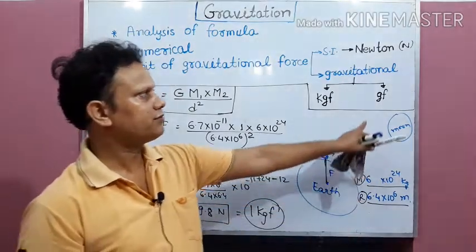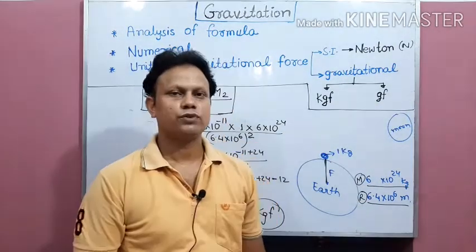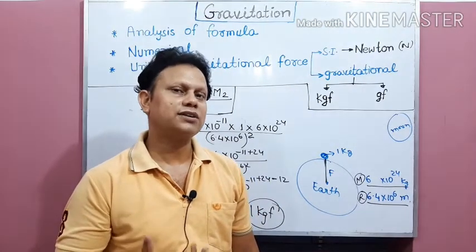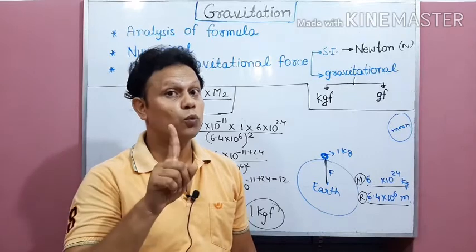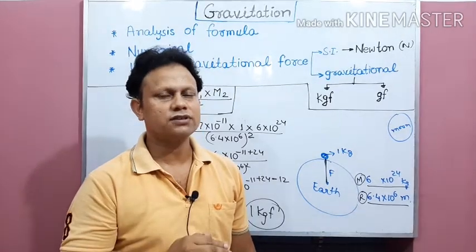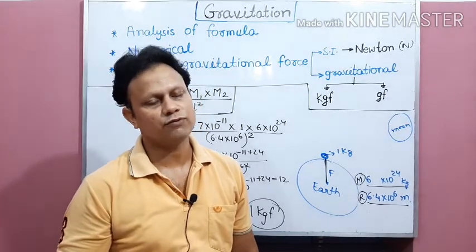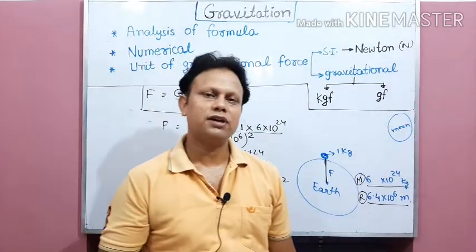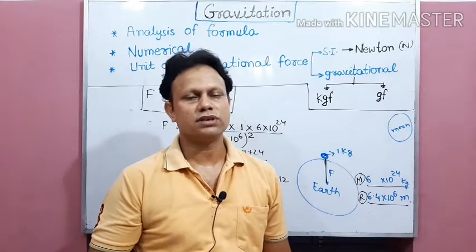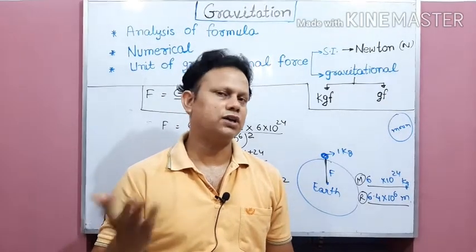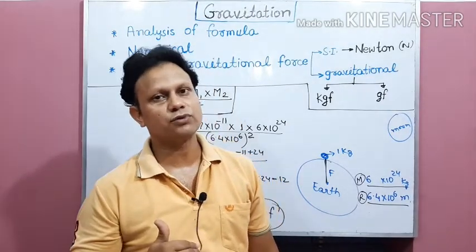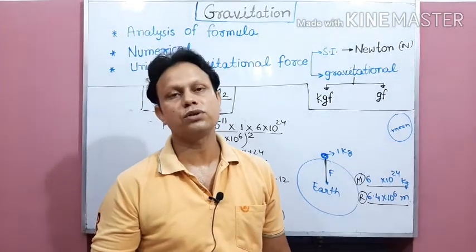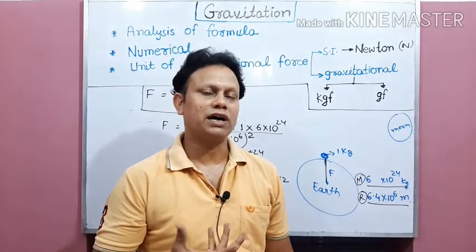Then what will be the definition of gram force? By the name itself it is clear: the force by which the earth attracts any object of mass 1 gram near the earth's surface is taken as 1 gram force. So these two gravitational units are also used in our study. The SI unit is always Newton for any kind of force, but for measuring gravitational force we also use kilogram force or gram force, depending on what mass you are taking.